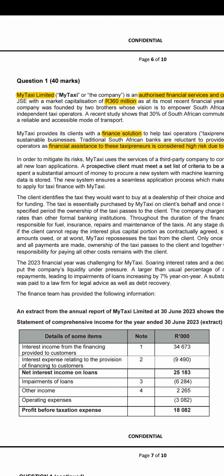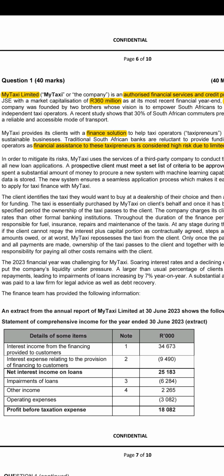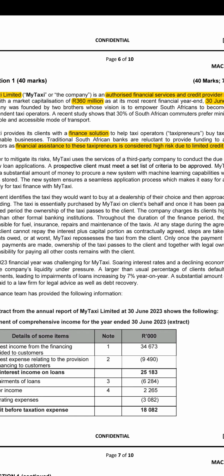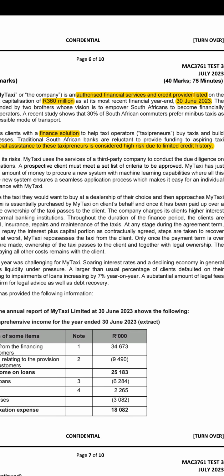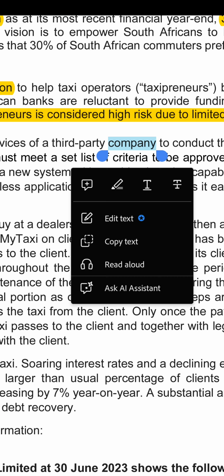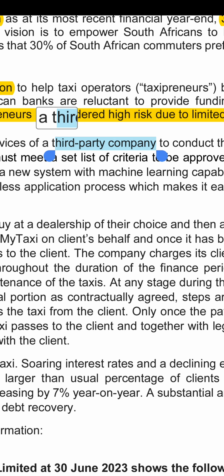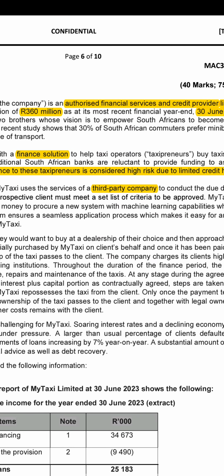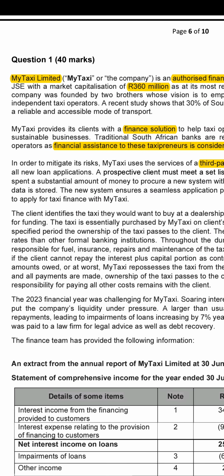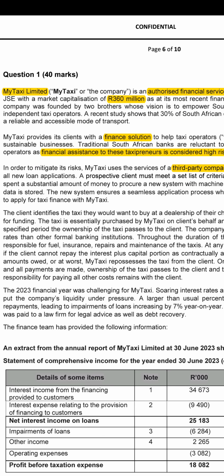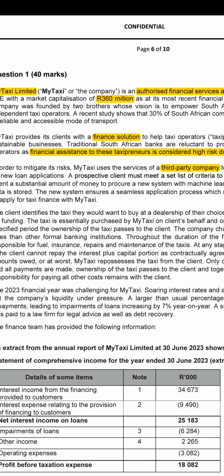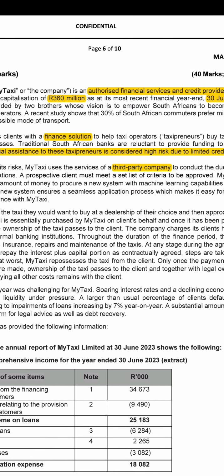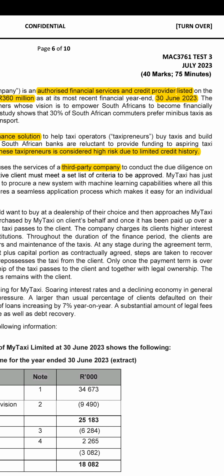Now, the next paragraph, and this is interesting, right? It says that in order to mitigate these risks, My Taxi uses the services of a third party company. So I would highlight that. To conduct the due diligence on all new loan applications. A prospective client must meet a set list of criteria to be approved.